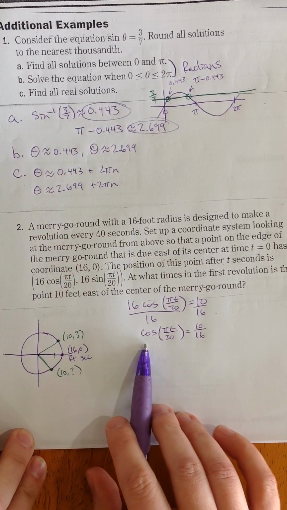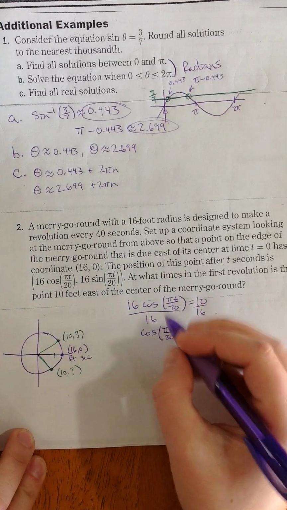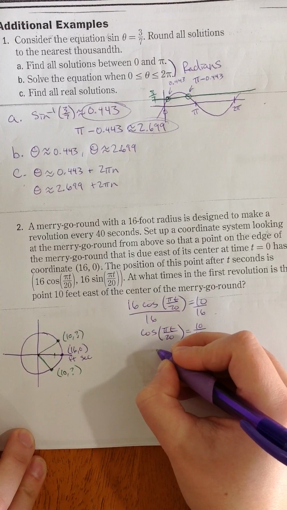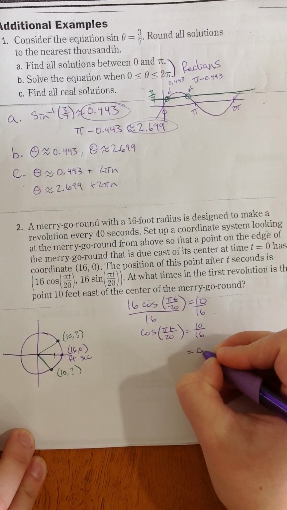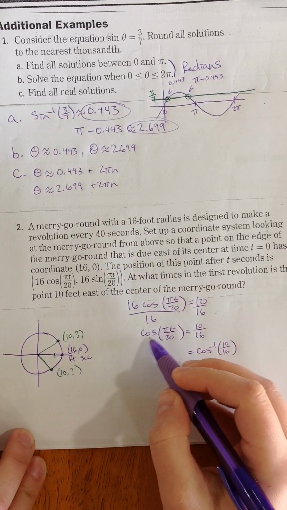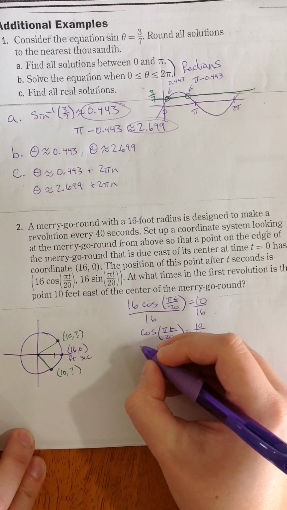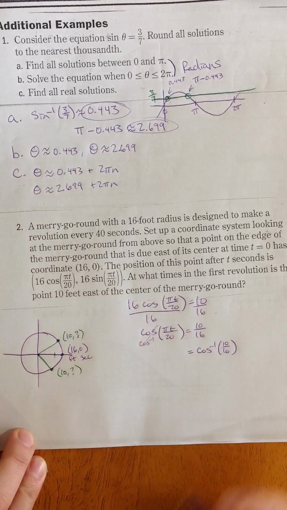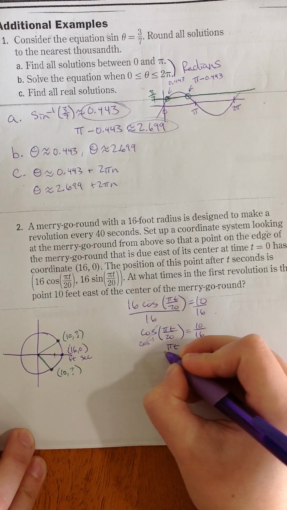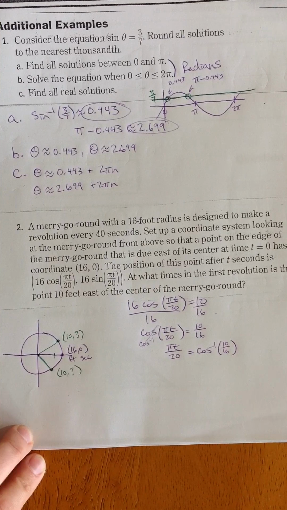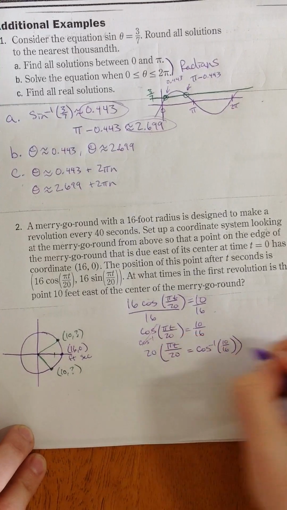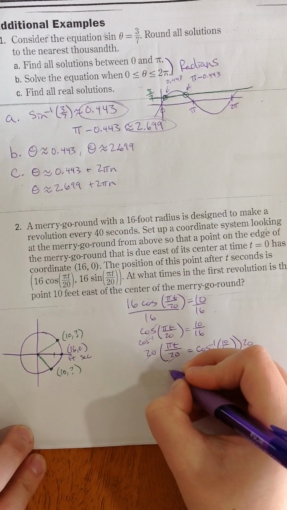Then from here, working my way outside to inside, I want to get rid of that cosine next. That means I have to do inverse cosine to both sides. So over here that's inverse cosine of 10 over 16, and over here inverse cosine just crosses that part out. That leaves us with pi times t over 20. Then I get rid of dividing by 20 by multiplying both sides by 20, so the 20s are gone.